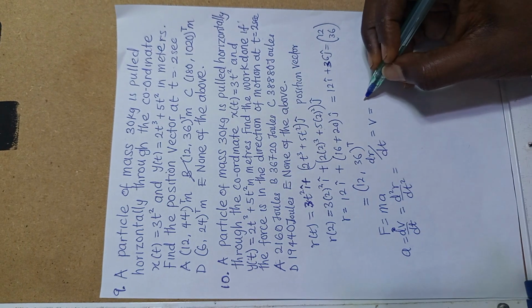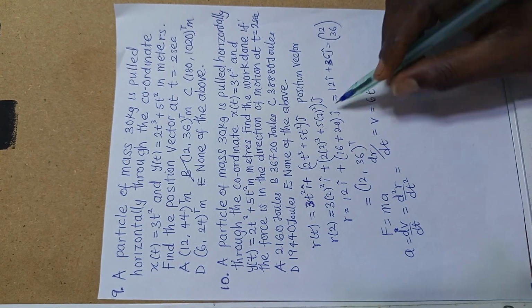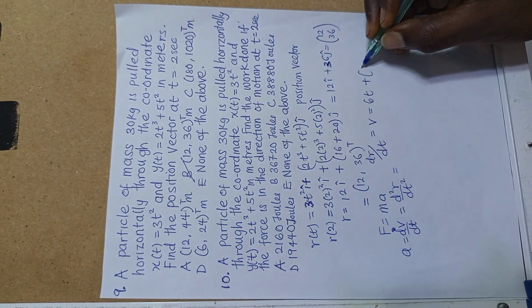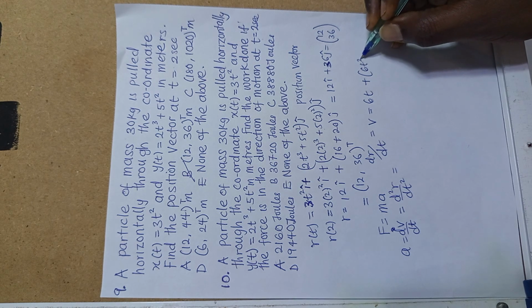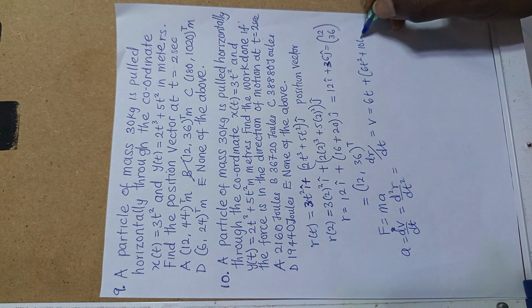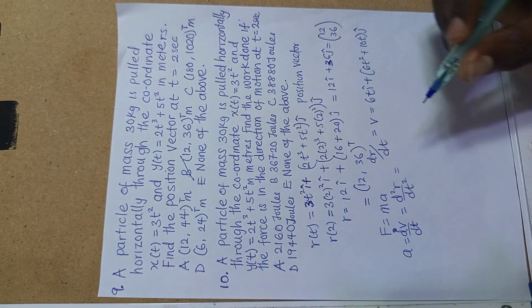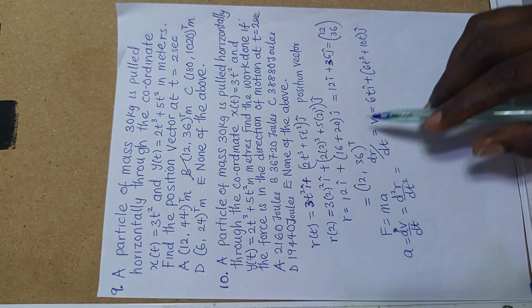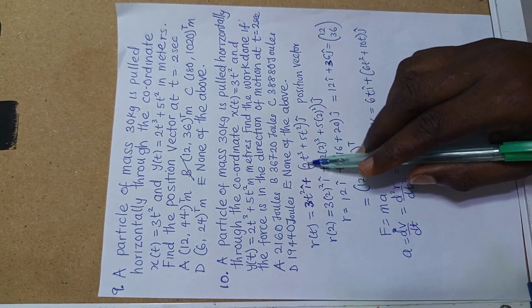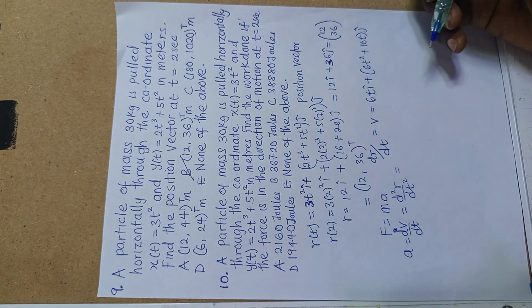Differentiate r. If you differentiate 3t squared, we have 6t i, plus differentiating 2t cubed plus 5t squared gives 6t squared plus 10t j.